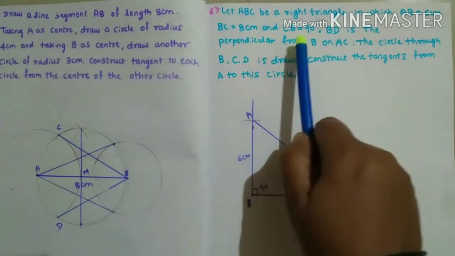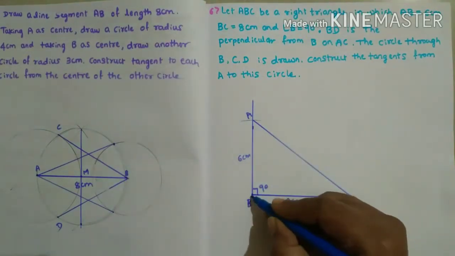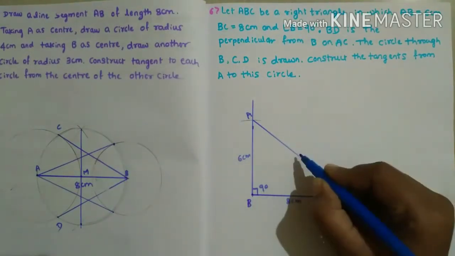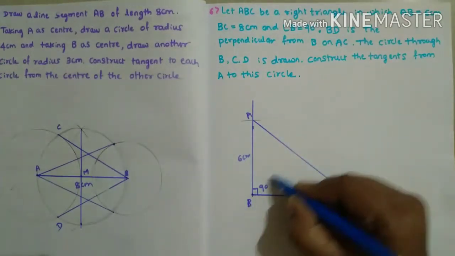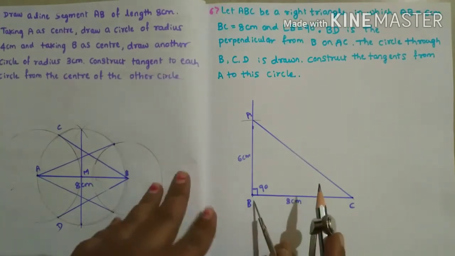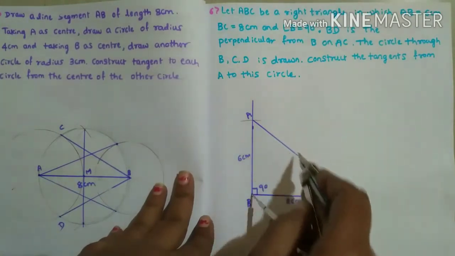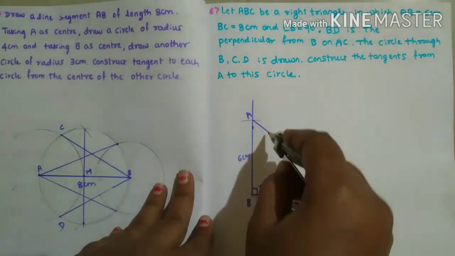BD is the perpendicular from B on AC. We should draw one perpendicular line BD on AC. From point B to AC we should draw one perpendicular here. Directly you can't draw like this and say it is perpendicular. One method is there to construct a perpendicular. I will tell you that. Now you take the compass and keep it at point B, and you have to draw two arcs here.